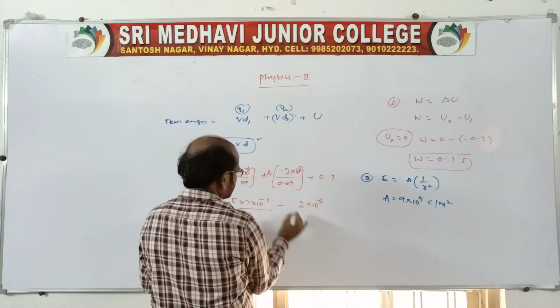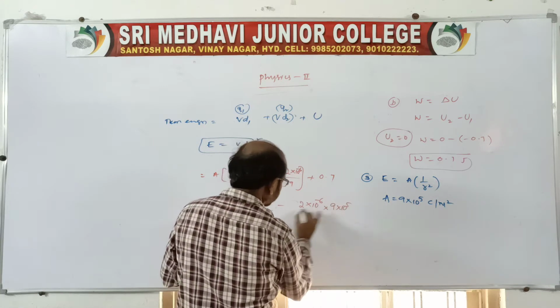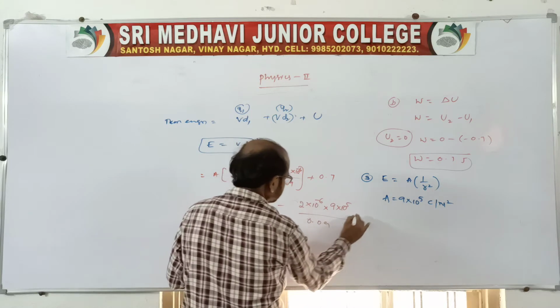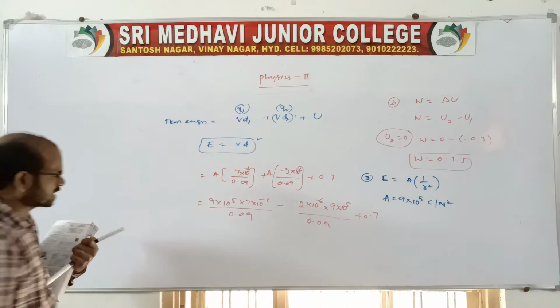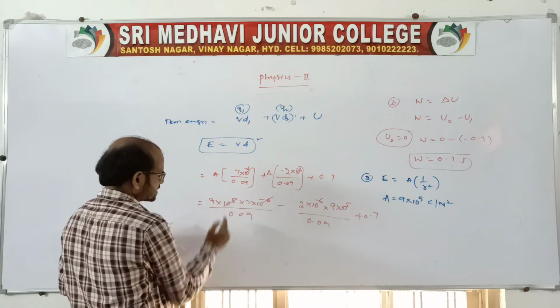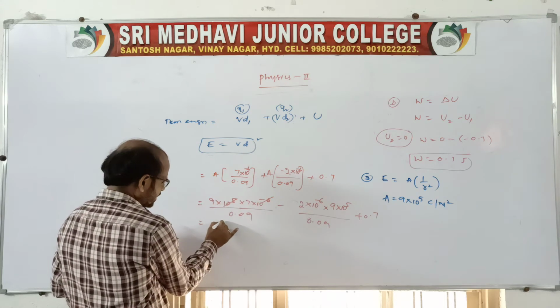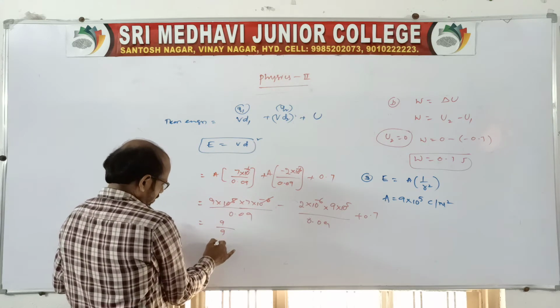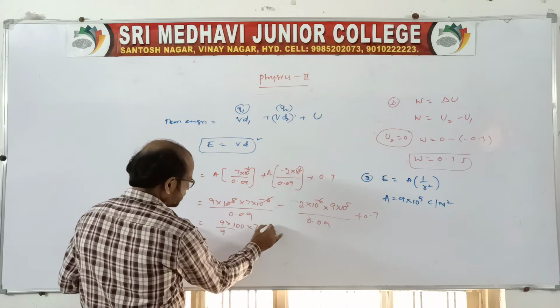Here A value is 9 into 10 power 5 by 0.09 plus 0.7. Now you simplify this. Look, it is 10 power 6, and of course this will be cancelled. Take 9 by 9 into 100 into 7 into 10 power minus 1.